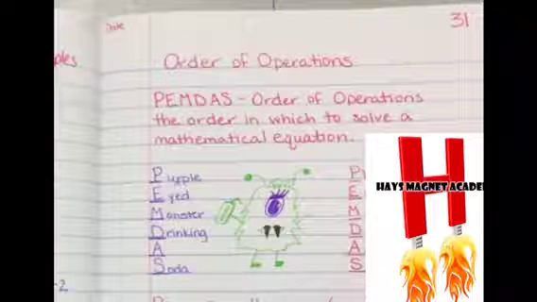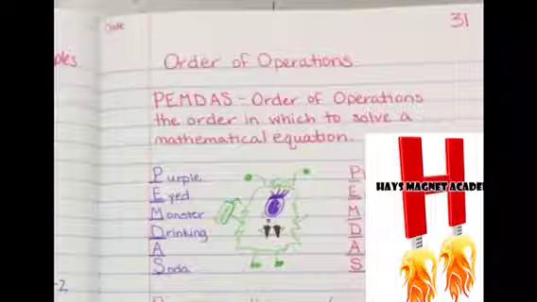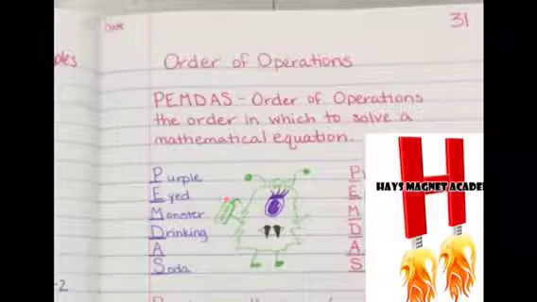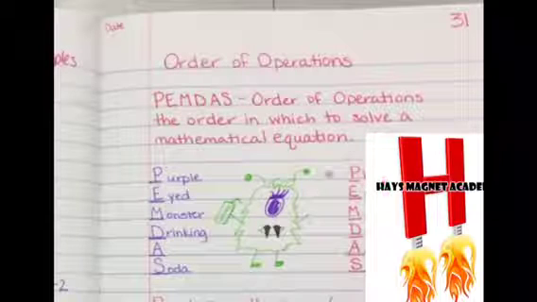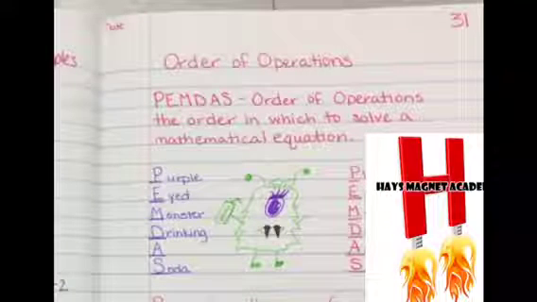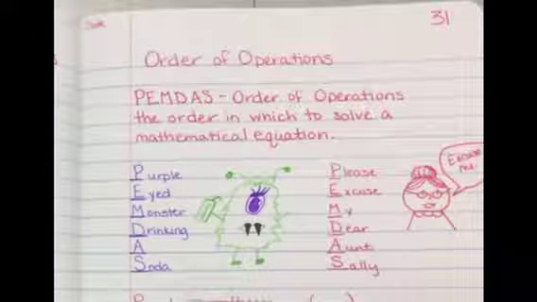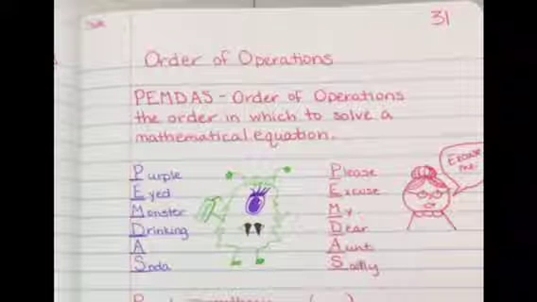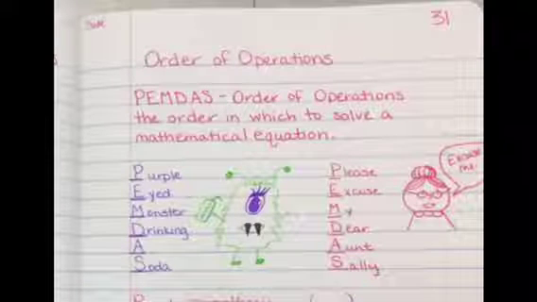One of them is purple-eyed monster drinking a soda. And I drew a purple-eyed monster drinking a soda. Another one that you can use to help you remember the order that we're going to talk about in just a minute is please excuse my dear Aunt Sally. And then I drew a little picture of my dear Aunt Sally saying excuse me.